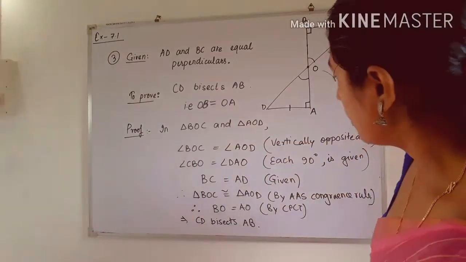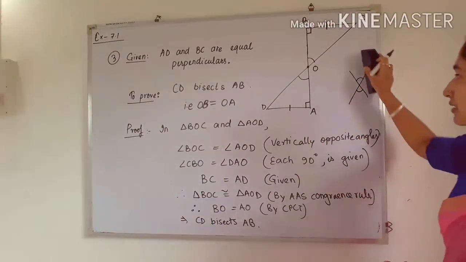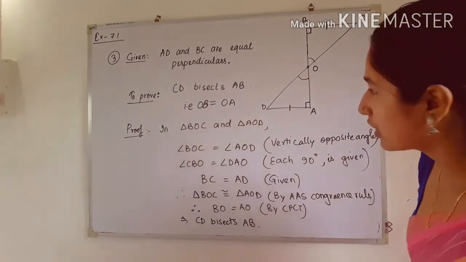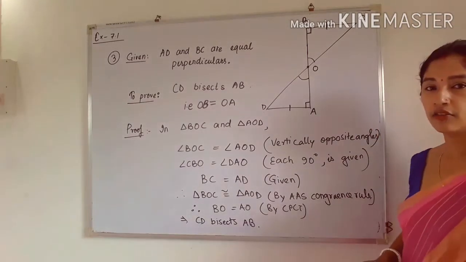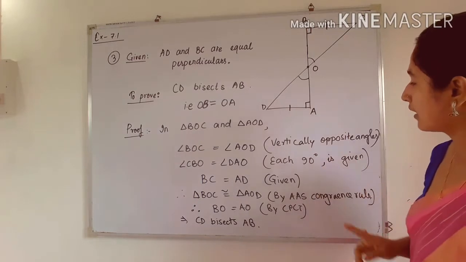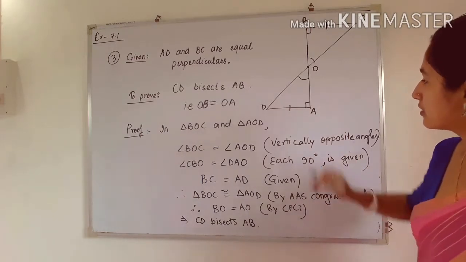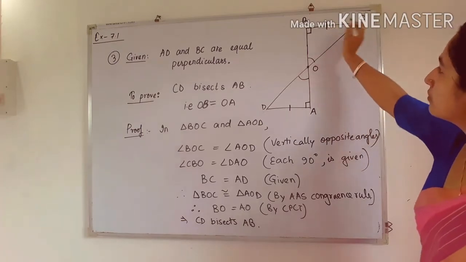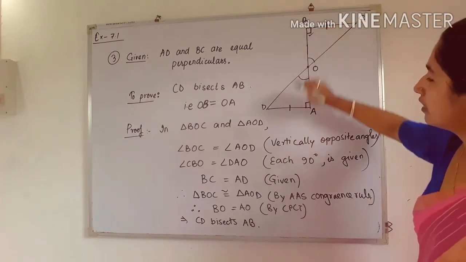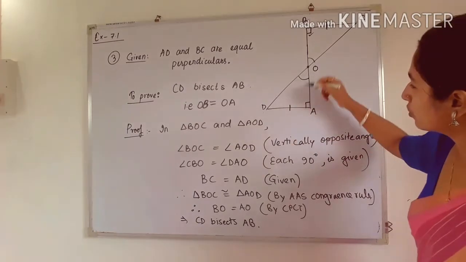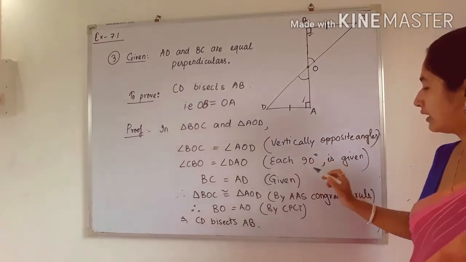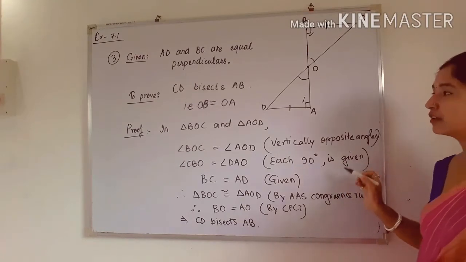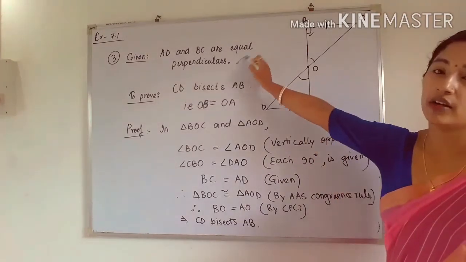We learned this in the last chapter, and you also studied it in class 7 and 8. Next, this is 90 degrees. Angle CBO is equal to angle DAO, each 90 degrees, and it is given in the question that they are perpendicular.